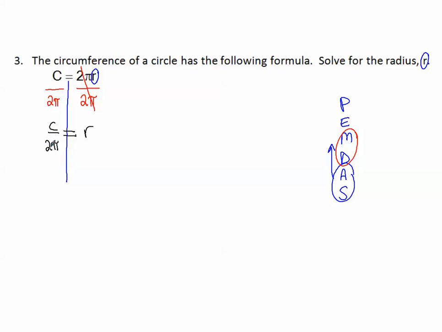C is a letter that's not like this letter pi, and there's no number in the numerator. So now I'm going to use the symmetric property because I'm supposed to solve for r. I want r to be written first. R equals c divided by 2 pi. Or radius equals circumference divided by 2 pi.